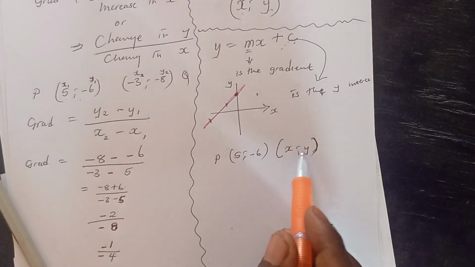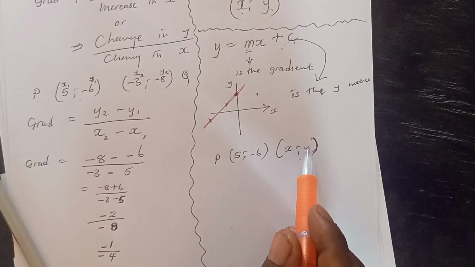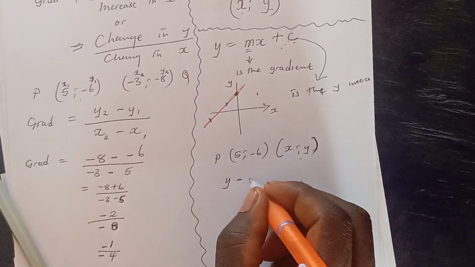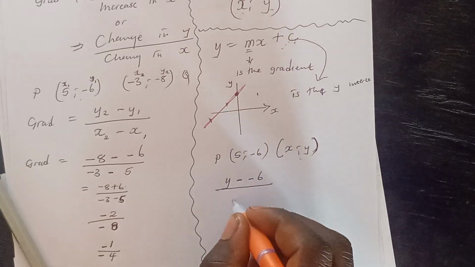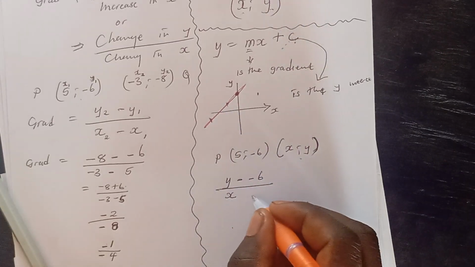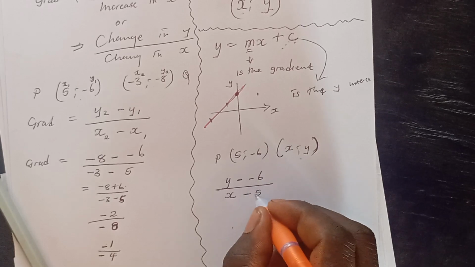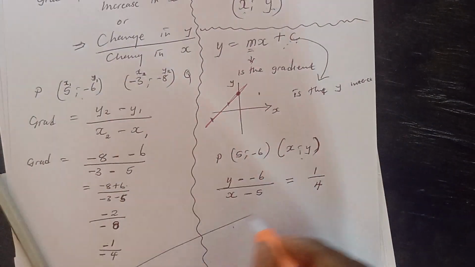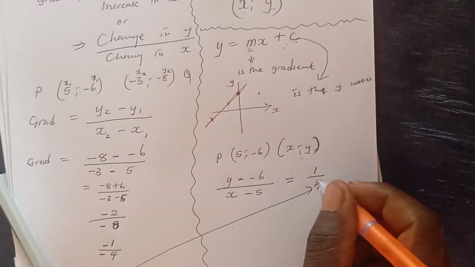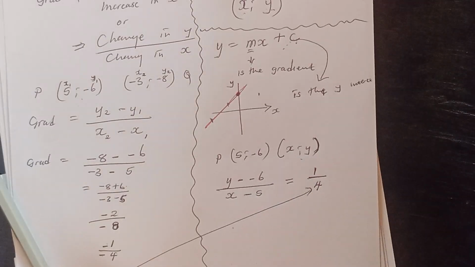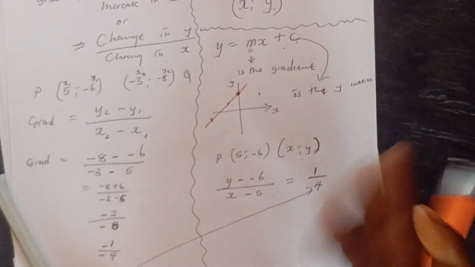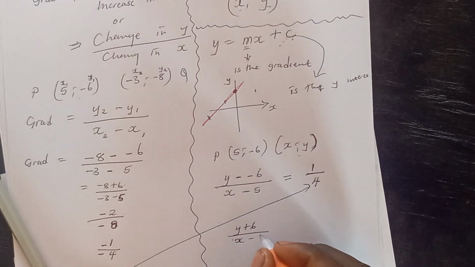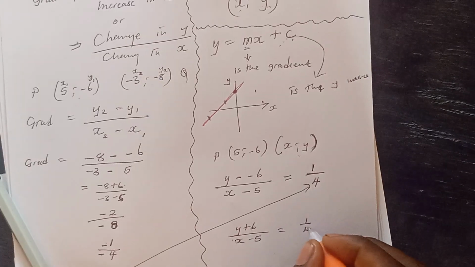This time we use this as our y2 and x2 values. So we are going to have y minus minus 6, all over x minus 5. Then we equate to the gradient that we calculated. So now it's an equation, a fraction equal to a fraction: y plus 6 over x minus 5 is equal to 1 over 4.